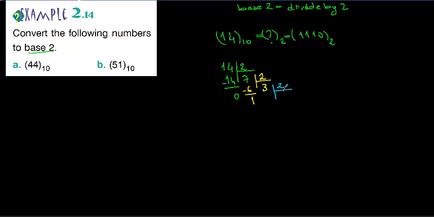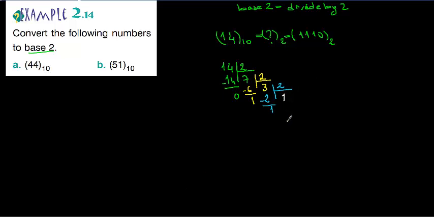I get 1, and 1 is not divisible, so this is the last quotient that I found. 1 times 2 is equal to 2, and the remainder is 1. I want to write the quotient with a different color because the order is important.